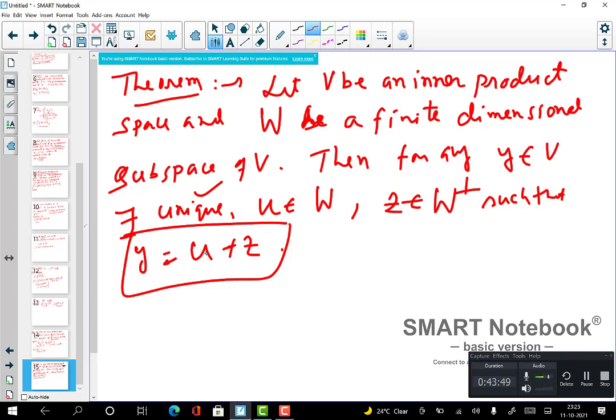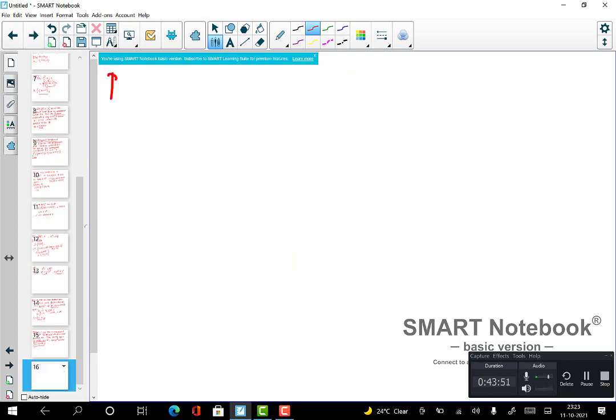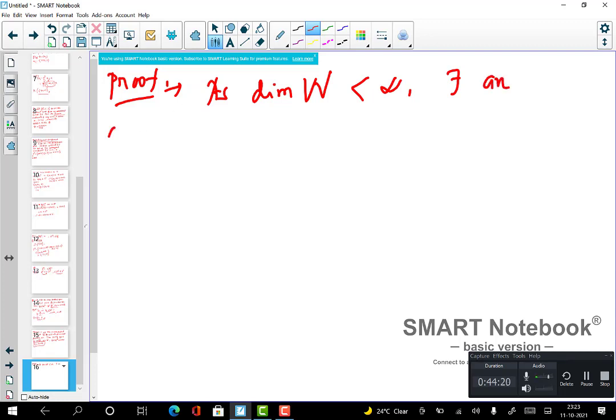Okay. Now, how do you prove such a theorem? So, proof. Obviously, as the dimension of W is finite, there exists an orthonormal basis.